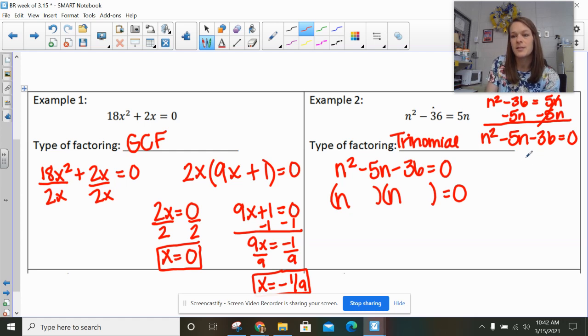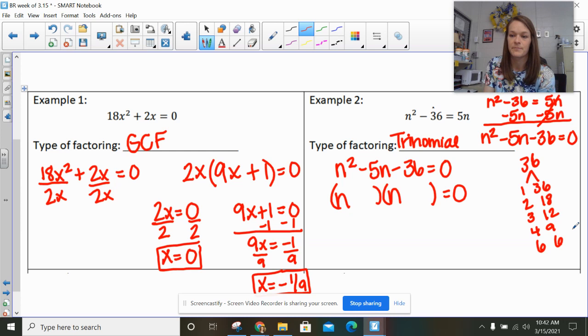My factors of 36: we have 1 and 36, 2 and 18, 3 and 12, 4 and 9, 6 and 6. But I've got to be able to subtract and get a negative 5. So I'm going to have to use 9 and 4, and my 9 will be negative.